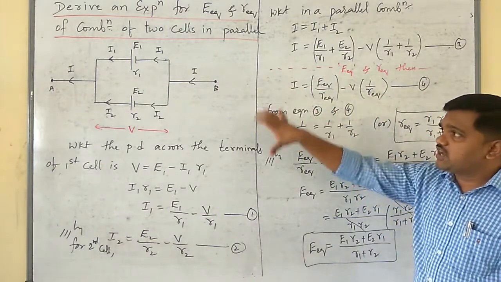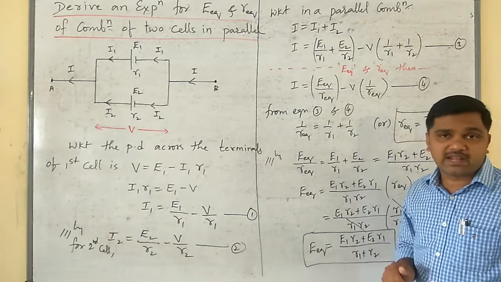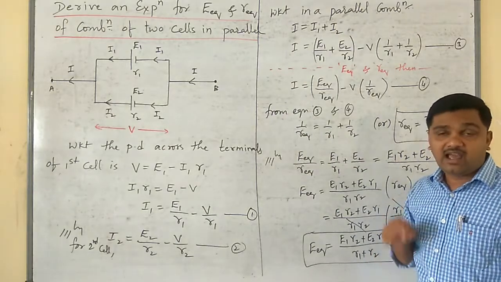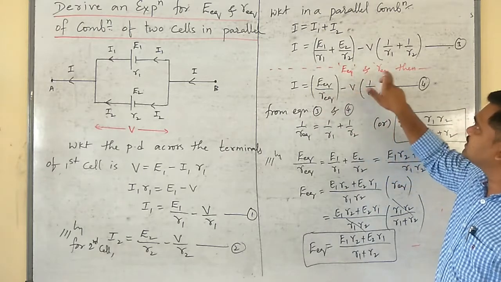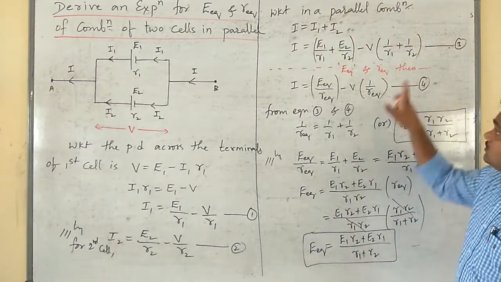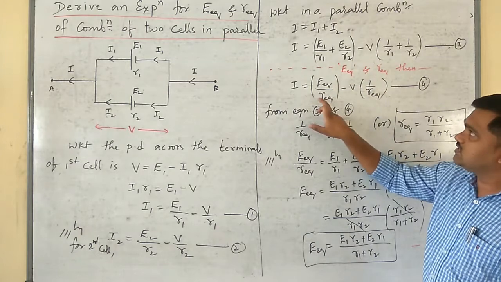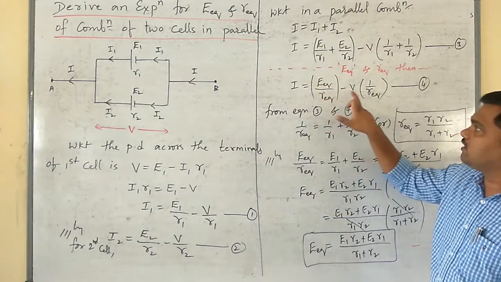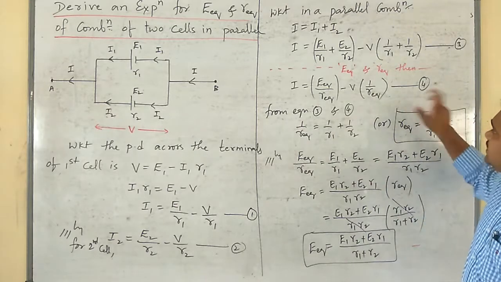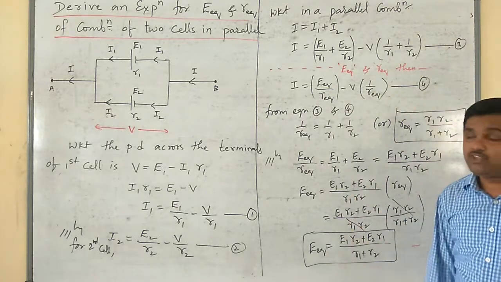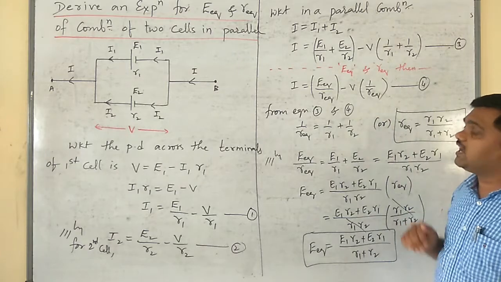If the combination of two cells is replaced by a single cell having EMF E equivalent and internal resistance r equivalent, then this equation reduces to this form: E equivalent by r equivalent minus V into 1 by r equivalent. This is equation number 4. You just compare equations 3 and 4.